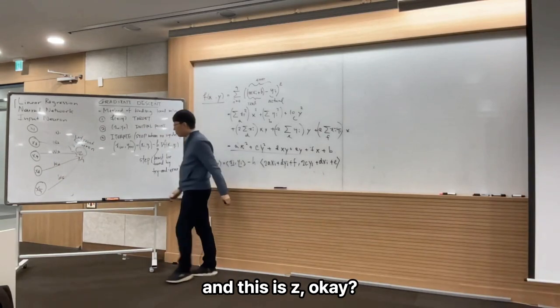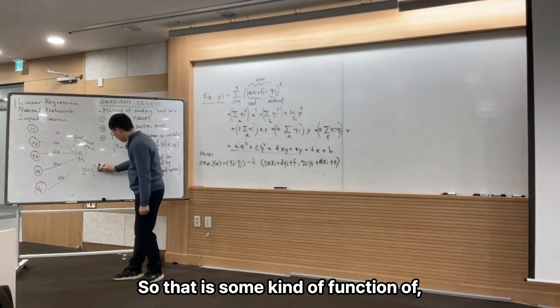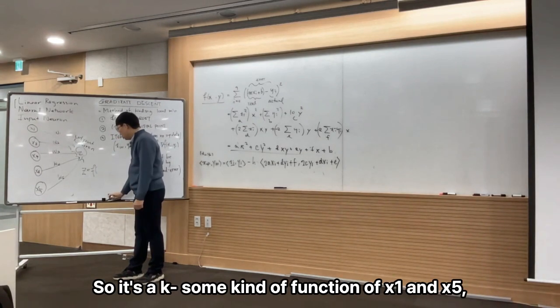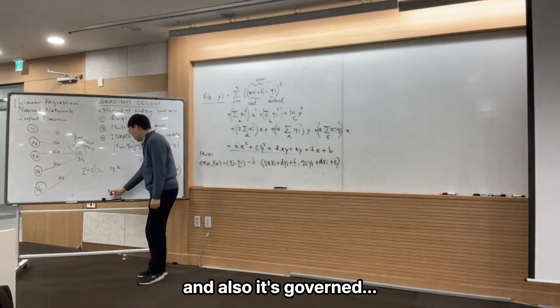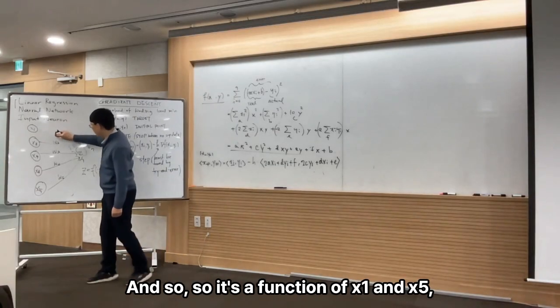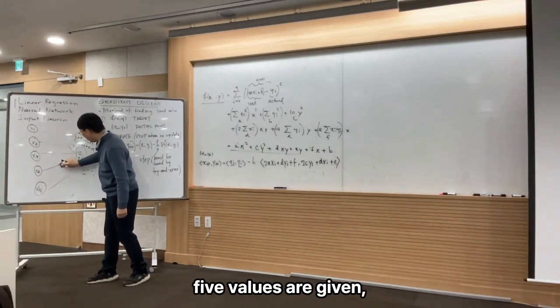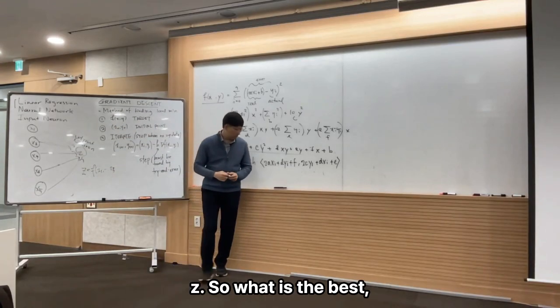So z is some kind of function of x1 to x5. So when the 5 values are given, you have to determine your function value, z.